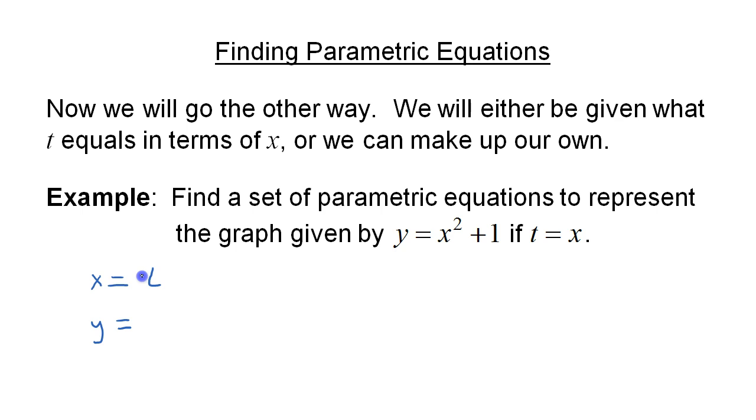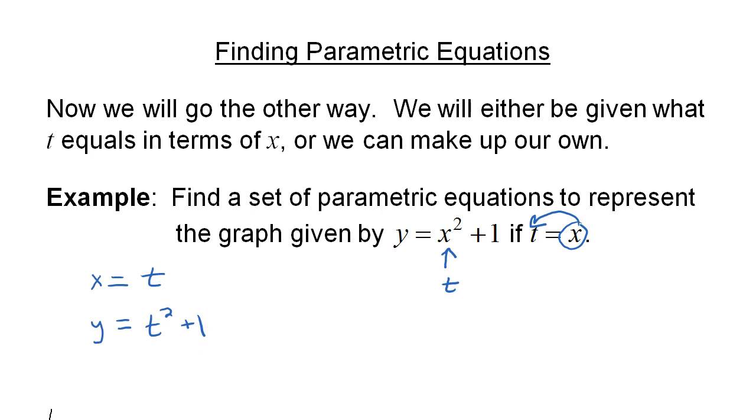So the x component is finished. Now, if y equals x squared plus 1 and x equals t, we're going to take that x out and we're going to put a t. So y equals t squared plus 1, and there we have our parametric equations.